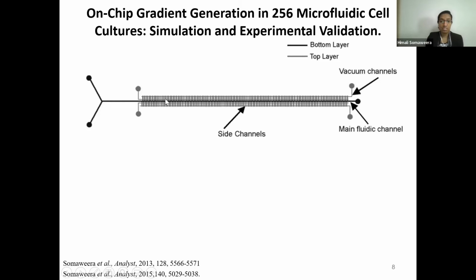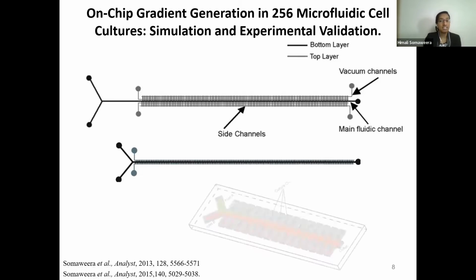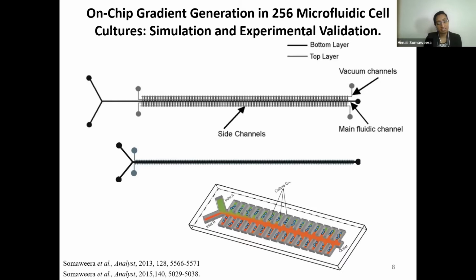So to get faster analysis, I decreased the length between the V shape and the starting point of the side chambers, and also decreased the side chamber length. That increased the efficiency of this gradient generator by decreasing the time it takes to stabilize the gradient as a function of distance.